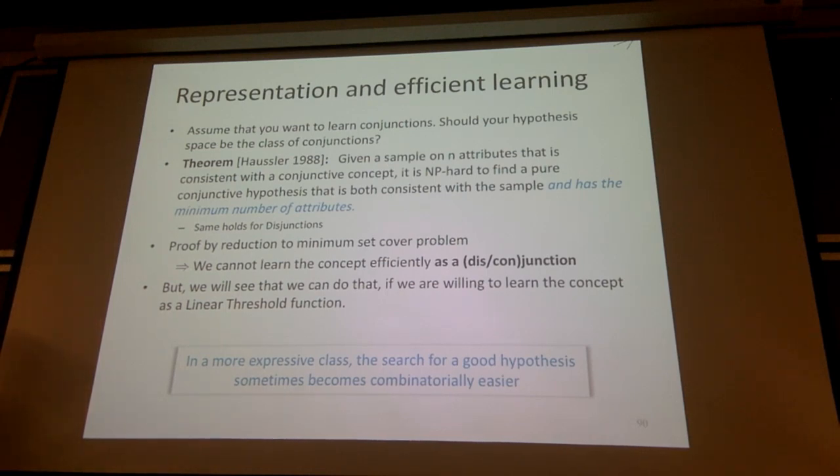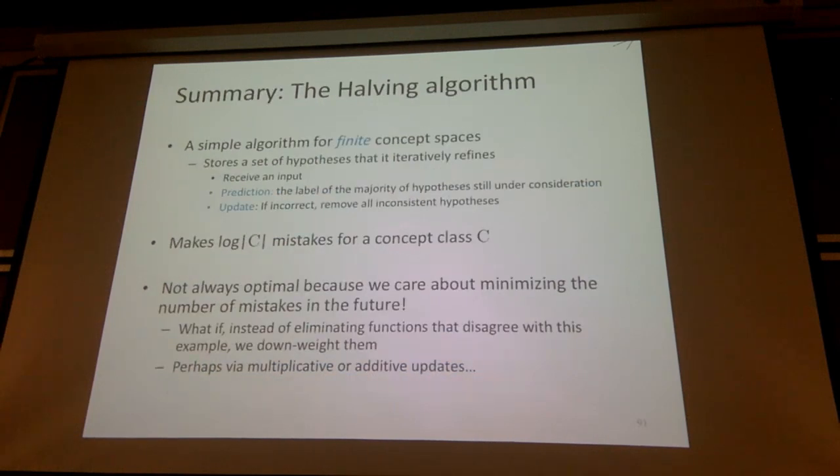When I say simple, I mean it can be written on the whiteboard or on a screen. It's a simple algorithm for learning a finite concept class. It stores a set of hypotheses that it keeps refining iteratively. At every step, it receives an input, it makes a prediction using the majority label, and if the majority label is wrong, it discards the majority set of functions.